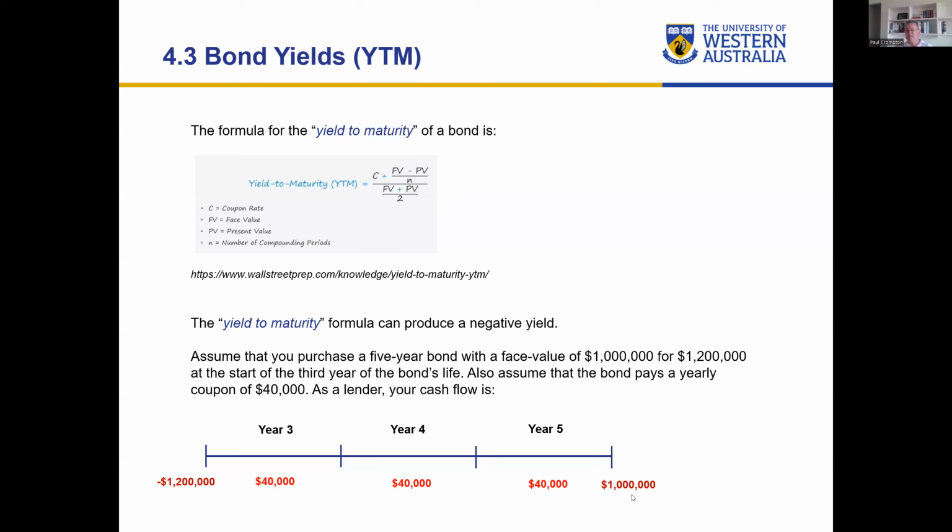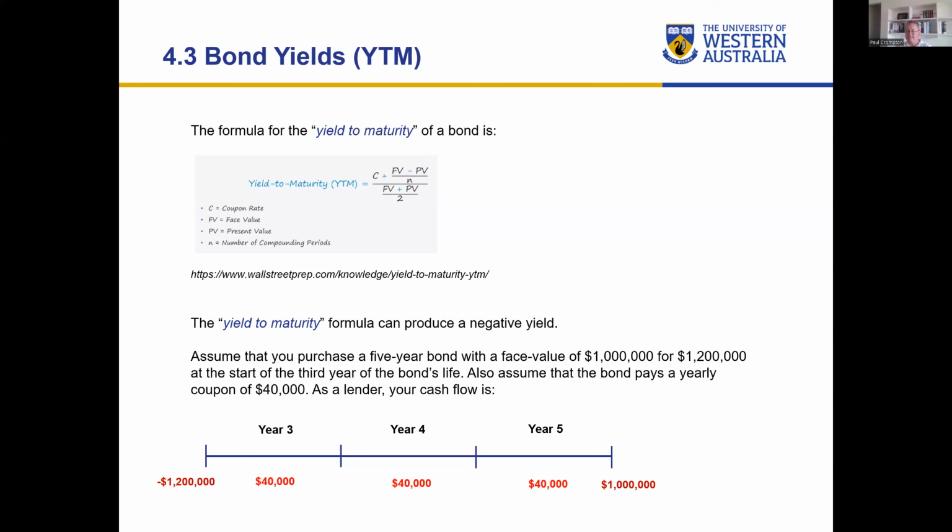So you've received back $1.12 million. So you've paid out 1.2, but then you've received back over the life of the bond 1.12.